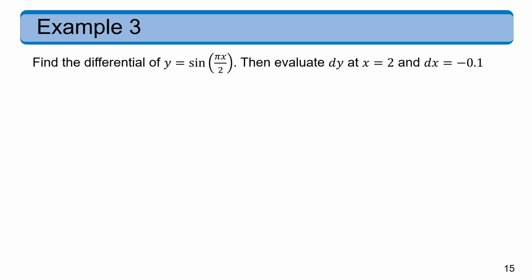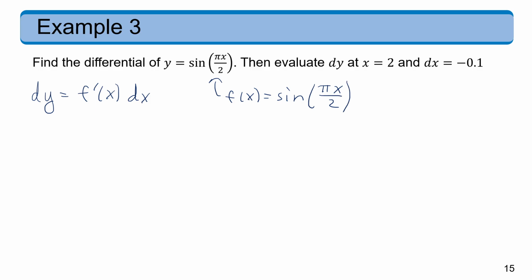Remember our formula for dy is just f prime of x times dx. So what is f of x? Well, it's the given function. So here the f of x they're talking about is this sine function. So we need f prime so we can plug that into the formula.